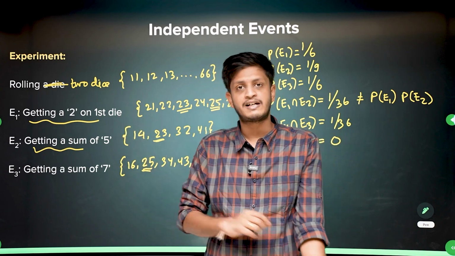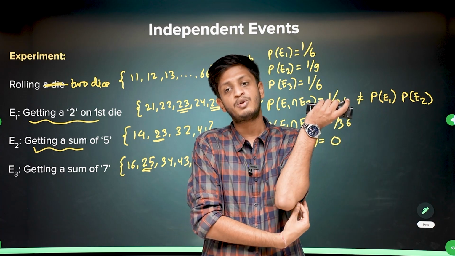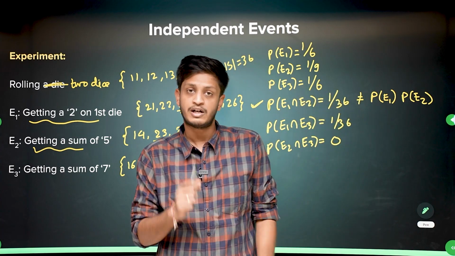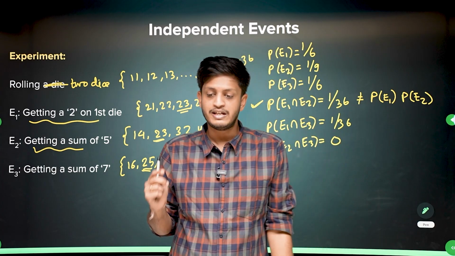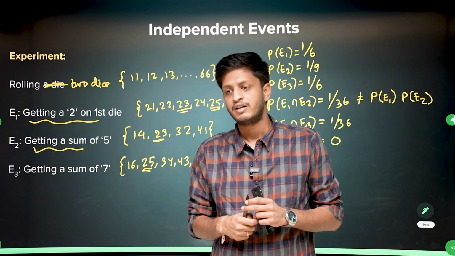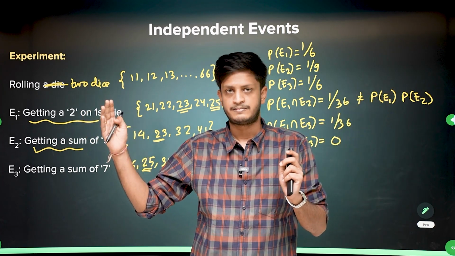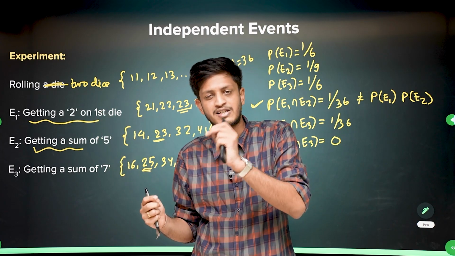Now event E1 said that you get a 2 on the first die. So initially, when you were computing the probability of E2, getting a sum of 5, you were factoring in all possible cases. You could get 5 or 6 as well, right? That's why the probability was less. It was 1 by 9 only.